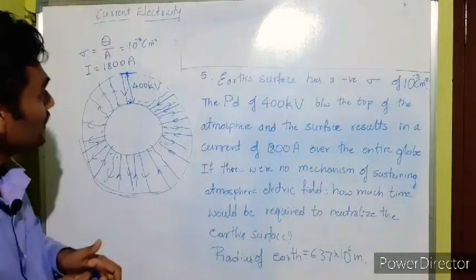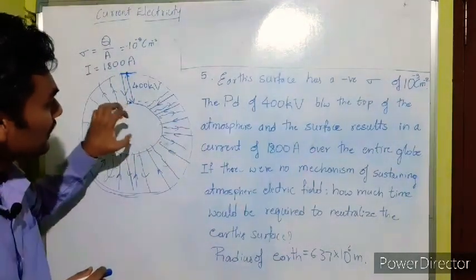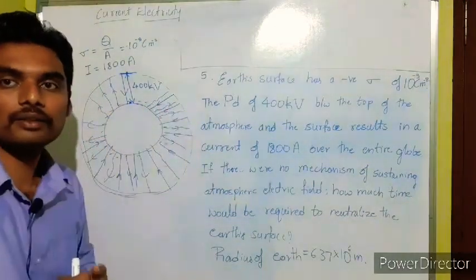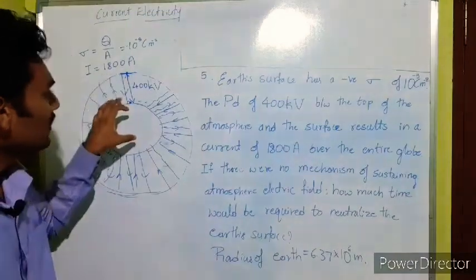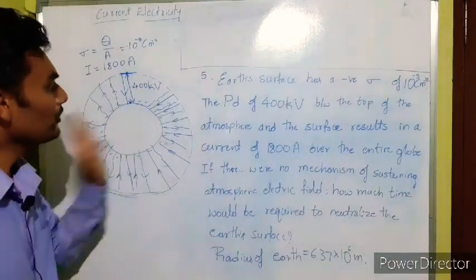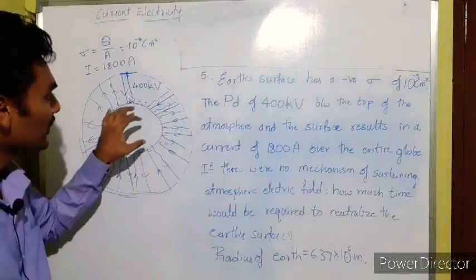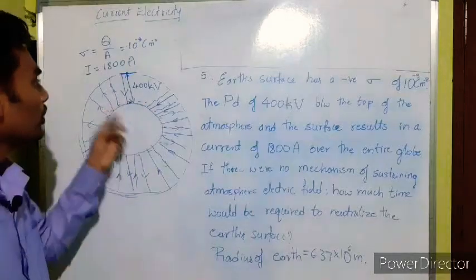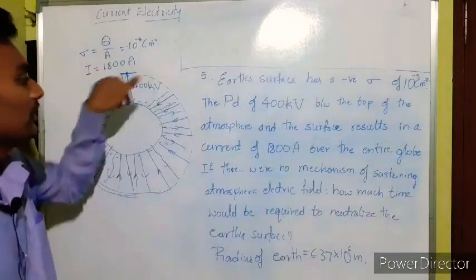So if the current continuously flows and all the charges get leaked, what is expected? This electric field will lose its strength with time and become zero, right? Because once all the charges of the earth get neutralized, no more potential difference, no more electric field.